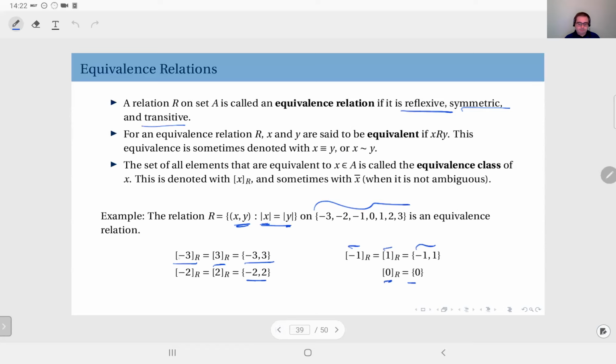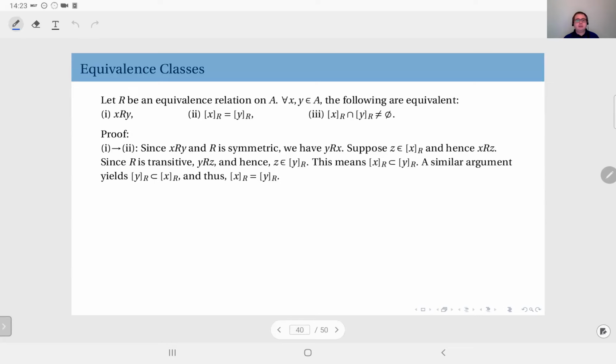Now here you see the equivalence class of -3 and 3 are the same, and it consists of those two elements. So this structure is not a coincidence here, obviously. And here we are going to prove a result based on this observation. We have three statements here, and we will show that they are all equivalent. Let R be an equivalence relation on A. For all x, y, the statements are: 1, x is related to y; 2, the equivalence classes of x and y are the same; and 3, the intersection of the equivalence classes of x and y is not empty.